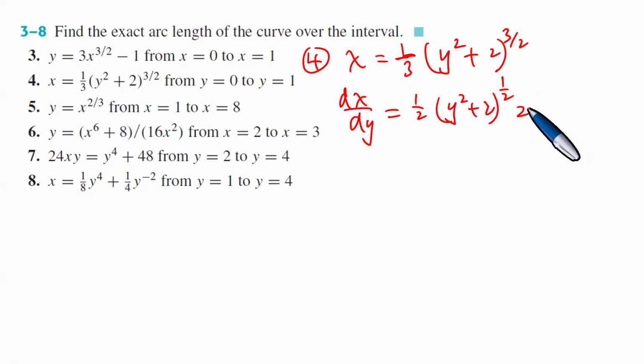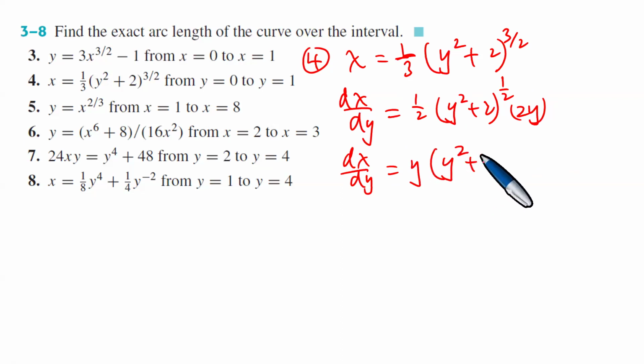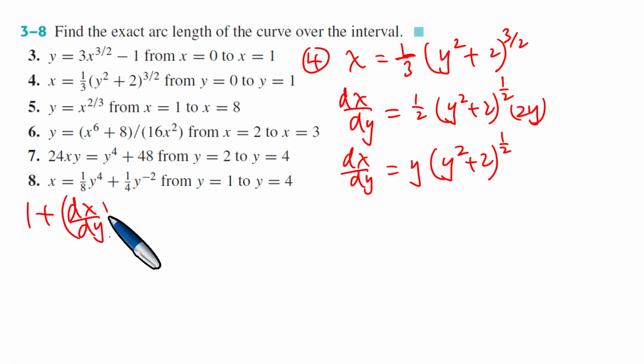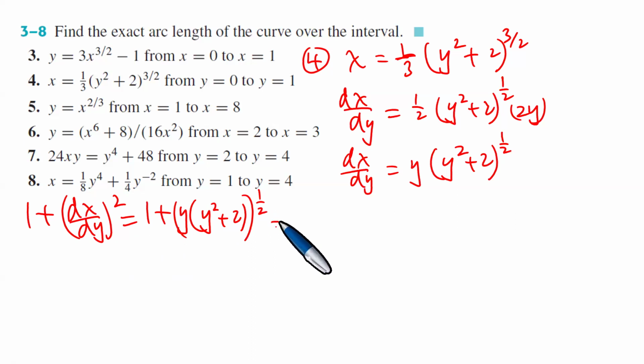Then the derivative becomes 2y. And then it becomes y like that. Okay, then you have that. And then you square this.